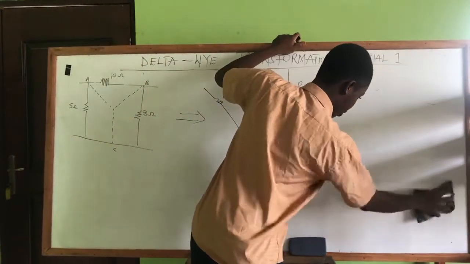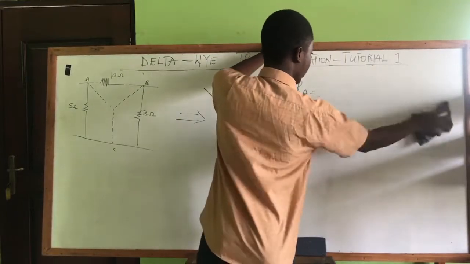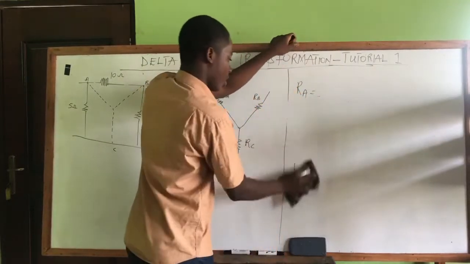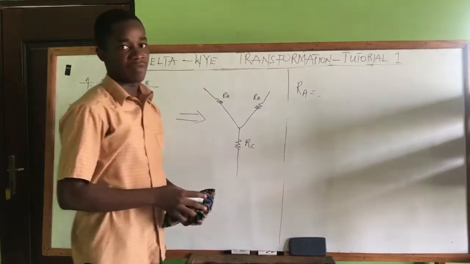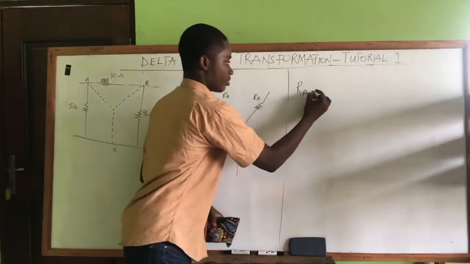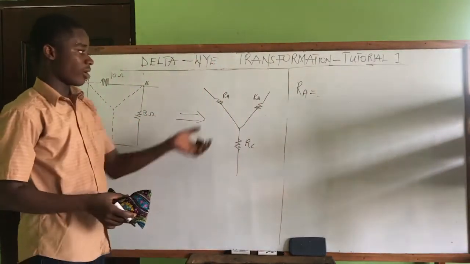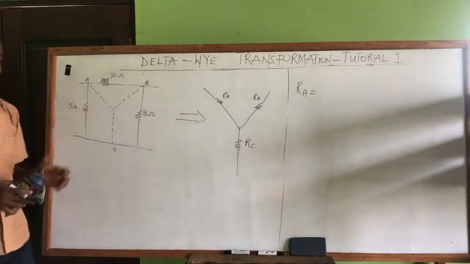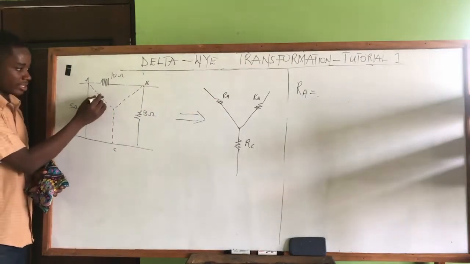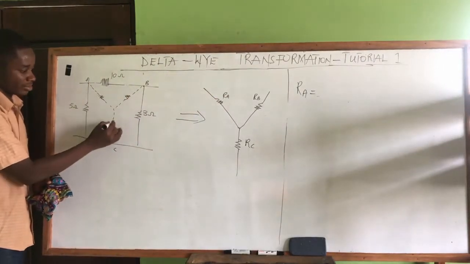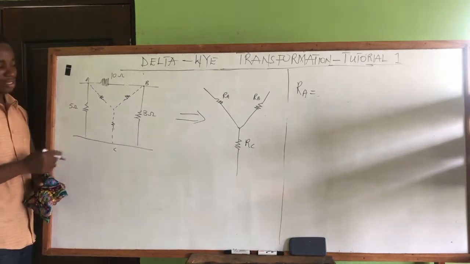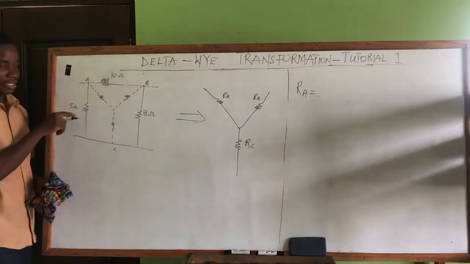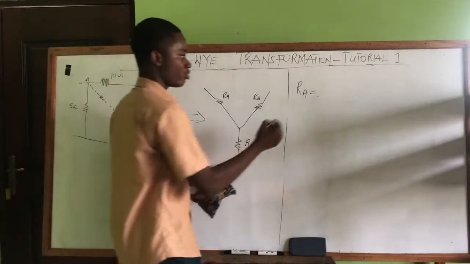It's very simple. You don't need to memorize the formula. Just know how to derive it whenever you are asked. So as we learned earlier, to calculate RA, let's check the delta network. RA is here, the Y value here. This is RB, this is RC. So RA is lying between 10 and 5. So we multiply those two values.